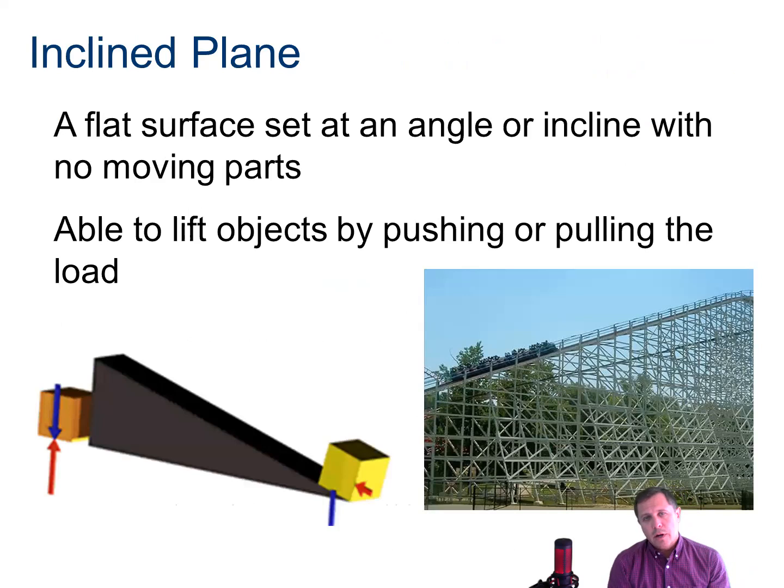That's always the trade-off with simple machines. With an inclined plane, it's pretty easy to see. If I go up a ramp, I'm going to travel a longer distance to get there, but it'll take less force to do it. If I pick myself straight up, there's more force that I need, but I'll travel a shorter distance.